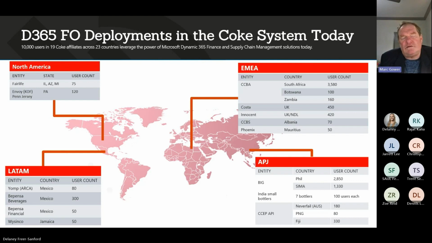But what we found is that that's almost impossible because there are so many differences between the bottlers, and of course the sizes and complexities of those implementations have all been different.